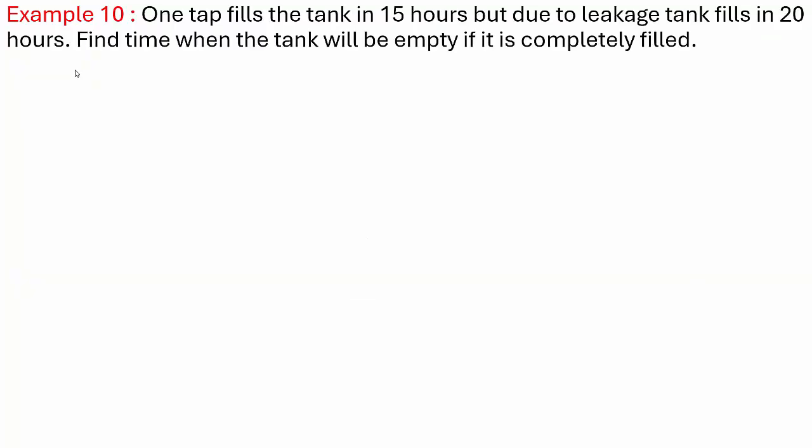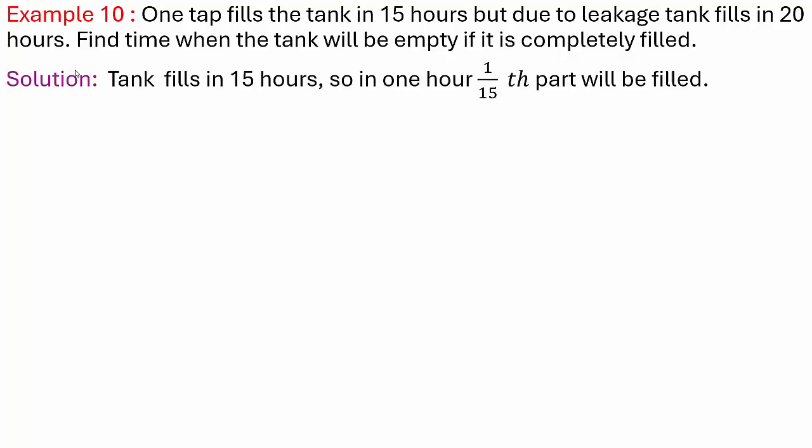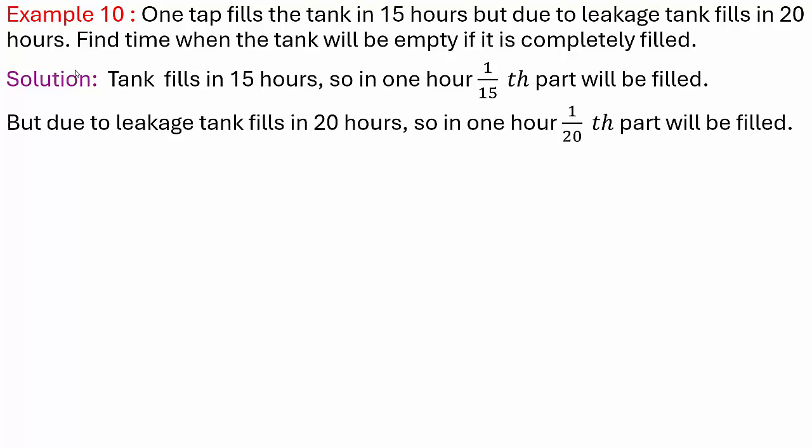Next example. One tap fills the tank in 15 hours, but due to leakage, the tank fills in 20 hours. Find the time when the tank will be empty if it is completely filled. Solution: the tank fills in 15 hours, so in 1 hour 1 by 15 part will be filled. But due to leakage, the tank fills in 20 hours, so in 1 hour 1 by 20th part will be filled.